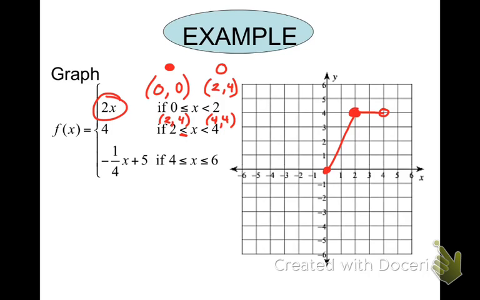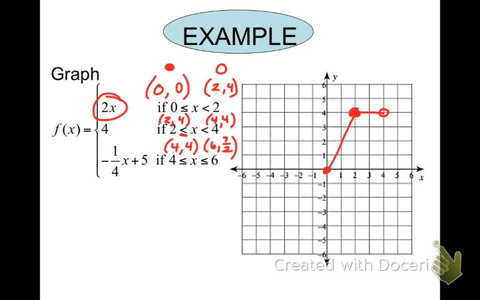All right, let's do the third step. So now let's plug in 4. When we evaluate the third expression for 4, negative 1/4 of 4 is negative 1. Negative 1 plus 5 is 4. When I do the same thing for 6, what did we say we got last time? 7/2.